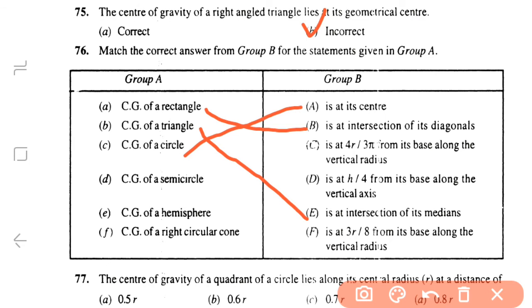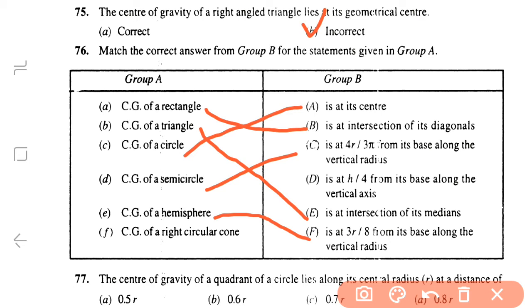Here option C is the correct answer, that is at 4r upon 3 pi from its base along the vertical radius. Now next is CG of a hemisphere. Here option F is the correct answer for this question, which is at 3r upon 8 from its base along the vertical radius.